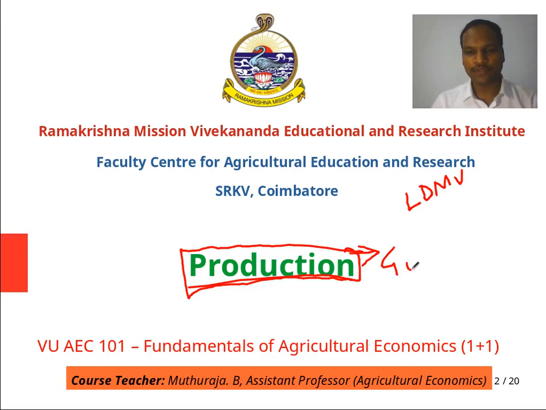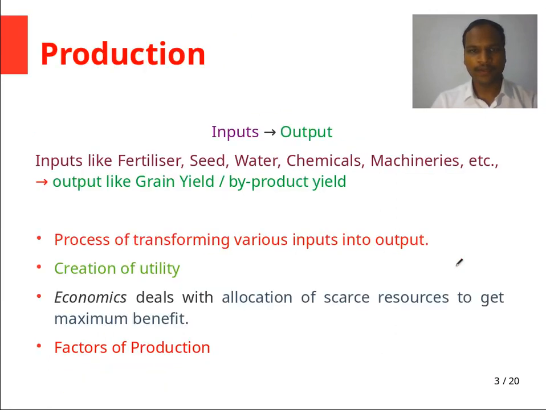So it is a process of producing goods and services by the farmers or producers. Let's see in detail in the next slide. When we say that the farmer is producing, for example paddy, how is he producing this paddy crop?